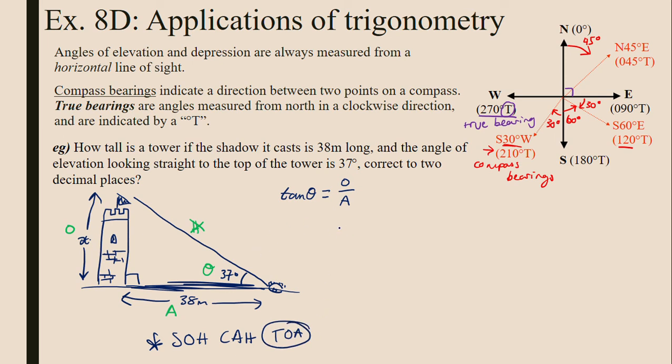We'll start by substituting in tangent of 37 degrees equals our opposite side x over our adjacent side 38. To get x on its own, we need to multiply both sides by 38 to cancel out that denominator. So if we enter into our calculator x equals 38 tan of 37, we get an approximate value to 2 decimal places, as per the question, of 28.64 meters.